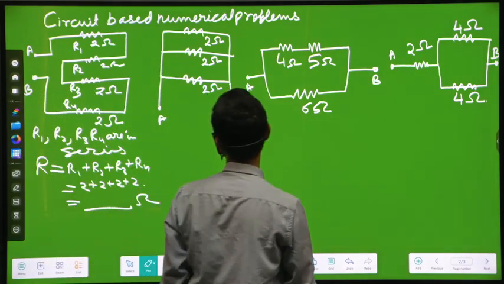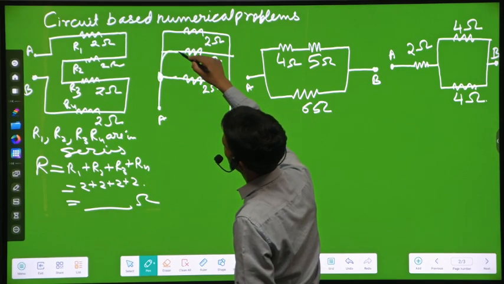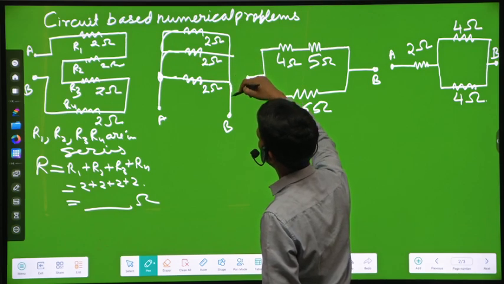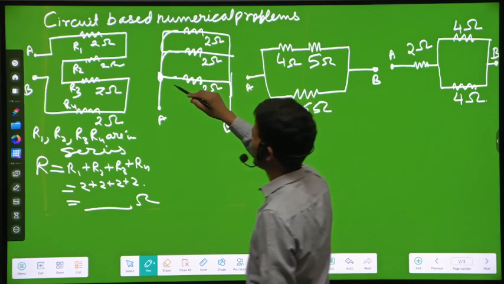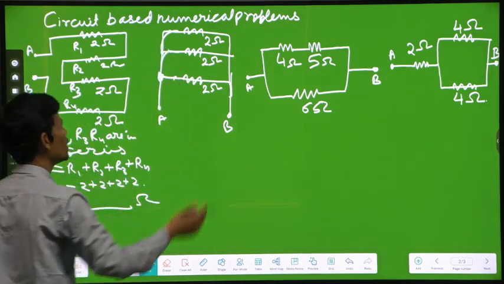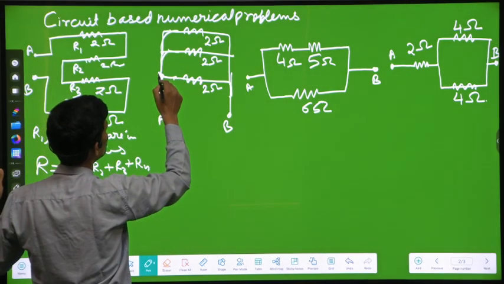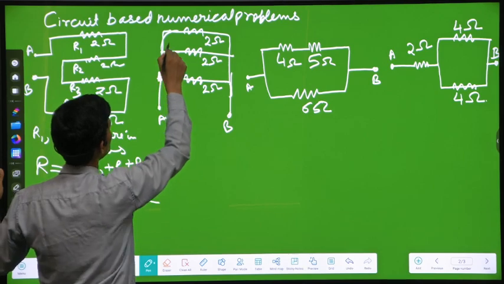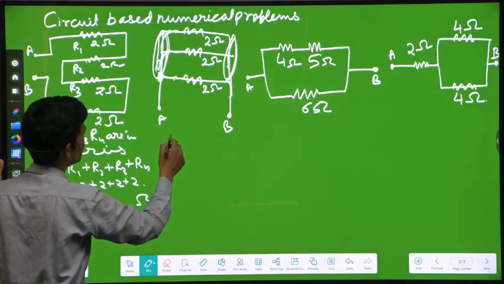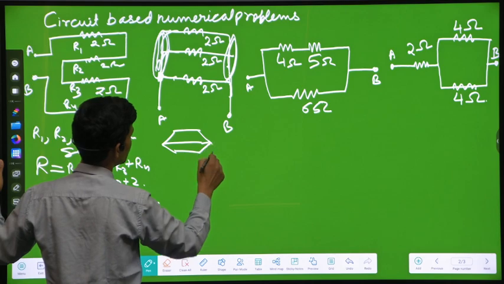Then here, we know that these are getting divided from a common point and they are meeting again at a common point. Some people might say that these two have a common point and these two have a common point, but actually if there is nothing else, just a wire, then this entire wire portion will be considered a single point. So either we draw it like this or like this, both mean the same.